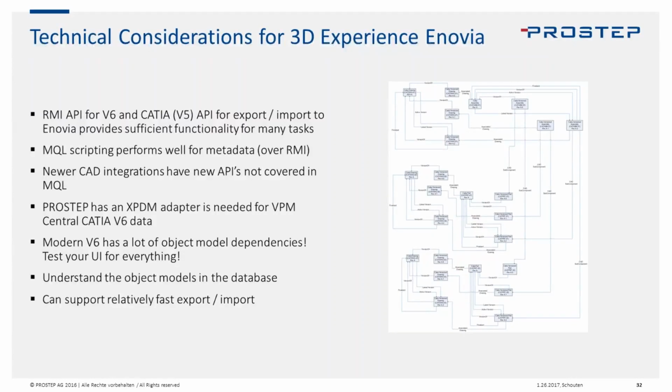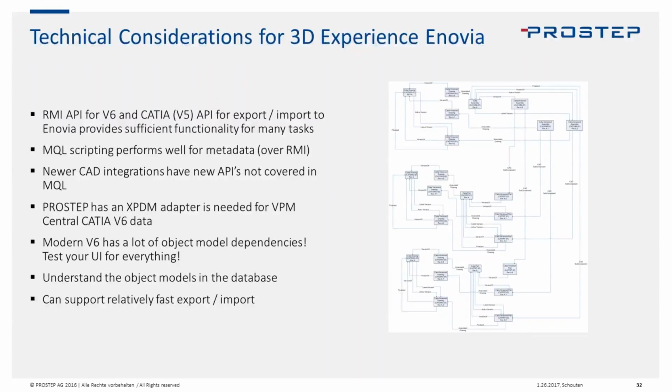CATIA V6 and some CATIA V5 does not work with MQL, so there are specifically new APIs for handling that data. PROSTEP has a specific XPDM adapter for Windchill, for SAP, and for some other systems for populating CATIA V6 data between them in order to integrate that data.